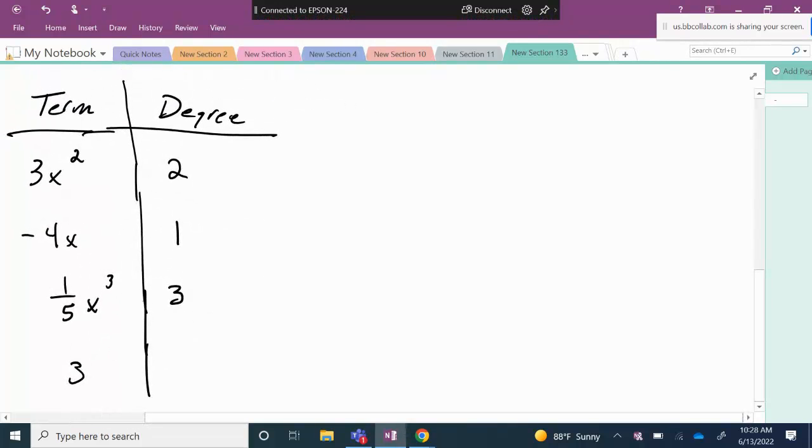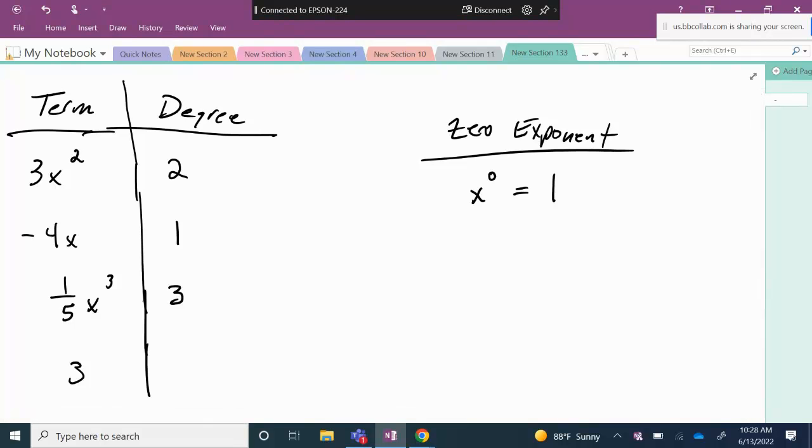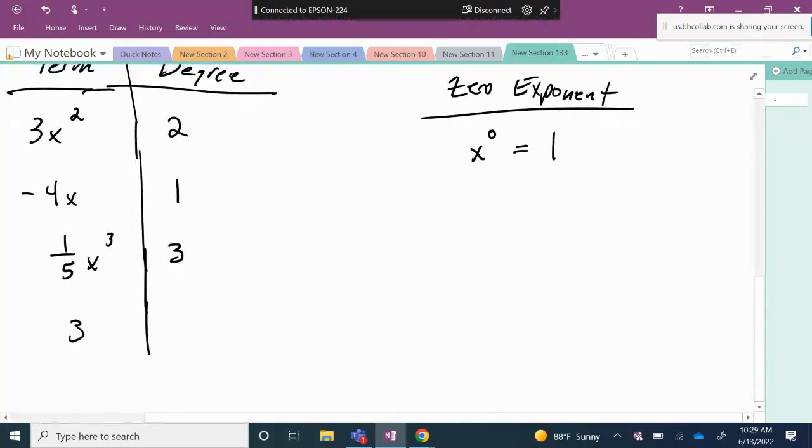All right, so before we actually determine the degree of a constant, it's just by a rule. There's something called a zero exponent rule, and it says that any quantity raised to the 0 power is 1. Right? So just by knowing that zero exponent fact, I have 3.